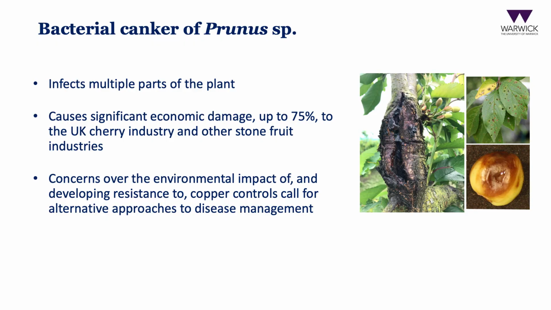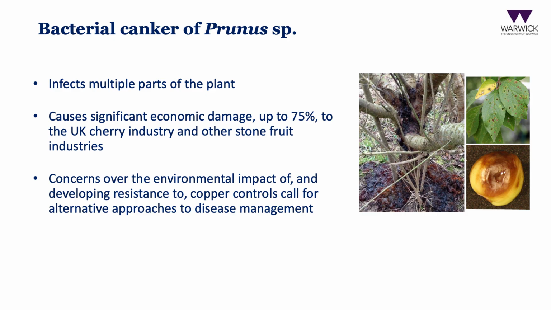Right, and this is a pathogen that is around all year round. It can infect the leaves; you can see these shot holes on the leaf. It infects the fruit, causing necrosis on the fruit, and there is a huge amount of oozing and bleeding from the trunk of the tree. It seems that trees almost bleed to death.